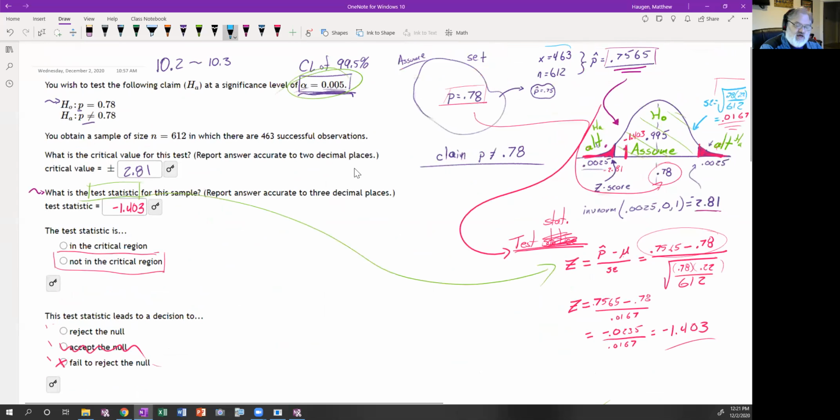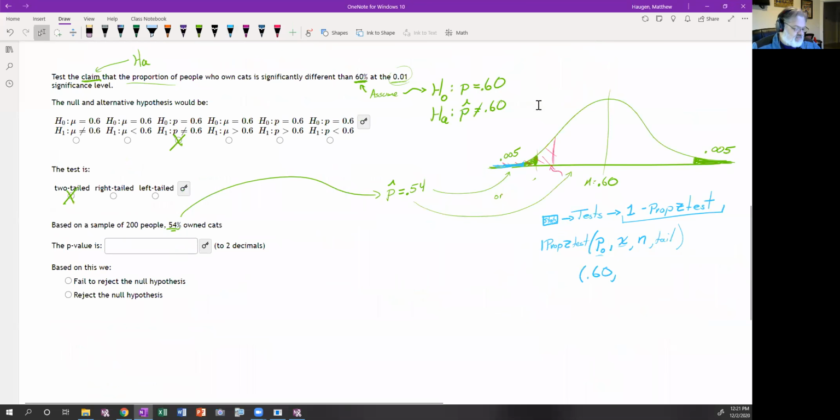Our x value: notice in the one above, we were told how many yeses there were, right? And we had to figure out the sample proportion. Here, it's backwards. We're told the sample proportion. We weren't told how many actual successes there were. But can we figure out how many successes there were? Yes.